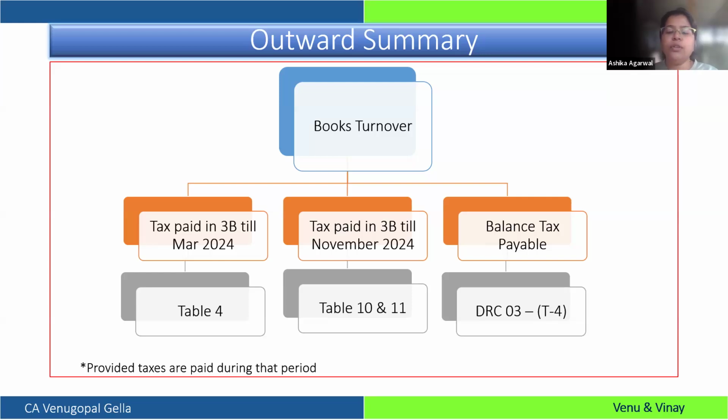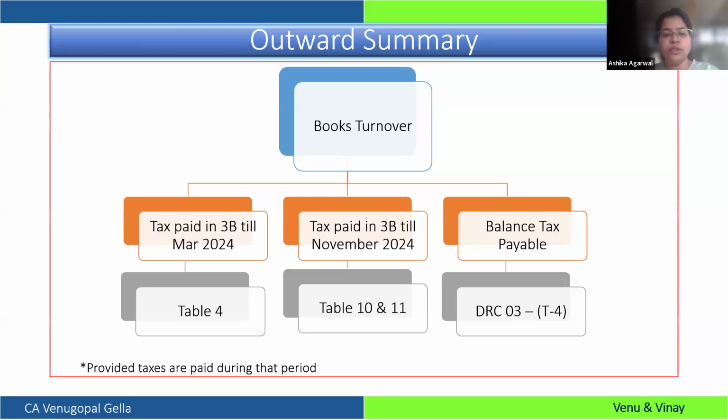But there he also talks about notice and order. So if any notice and order which you have suffered for a past period, you can learn from that what error you did, which you should take care of this time while filing 9C, so that those situations do not arise in future. So basically, we want to focus on how the filings, any error done, how it can be corrected.